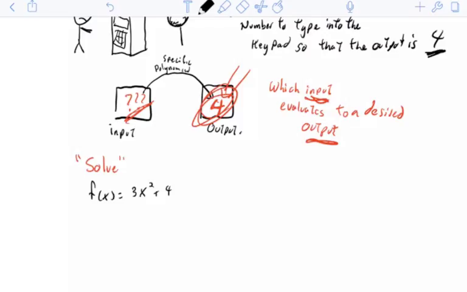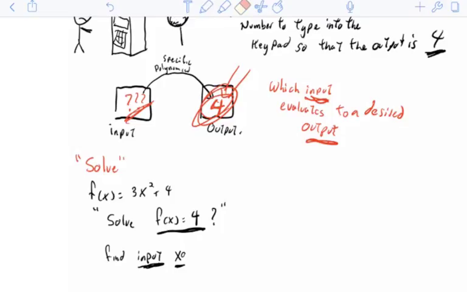Then when we say solve f of x is equal to 4, what the question is really asking is for you to find the input value x where f of x is equal to the desired output. Okay?